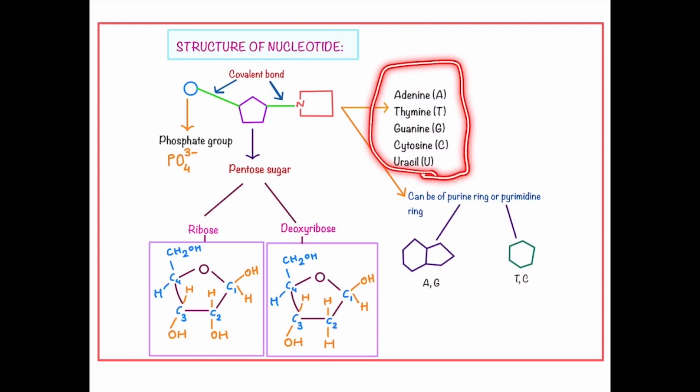But if we talk about the DNA, then DNA can have only these four nitrogen containing bases: A, T, C, G, adenine, thymine, cytosine, and guanine. But if we talk about RNA, then in case of RNA, this T is going to be replaced by U, right? So RNA is not going to have thymine, it only has uracil.